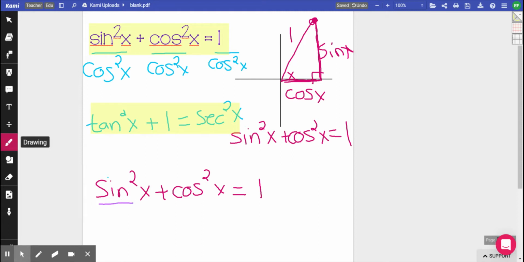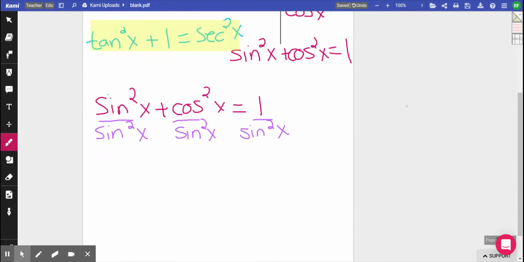So if I divide every one of my terms here by sine squared x, all right, well, again, sine squared x divided by sine squared x is just going to be equal to 1. Cosine divided by sine, this is now going to be our cotangent ratio.